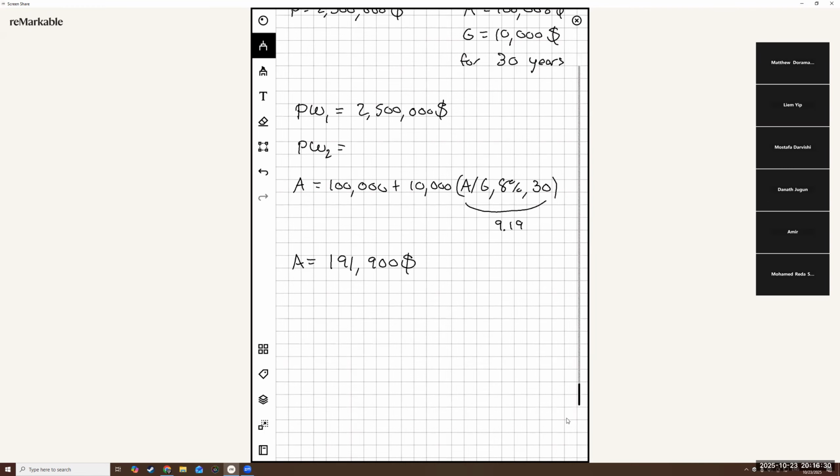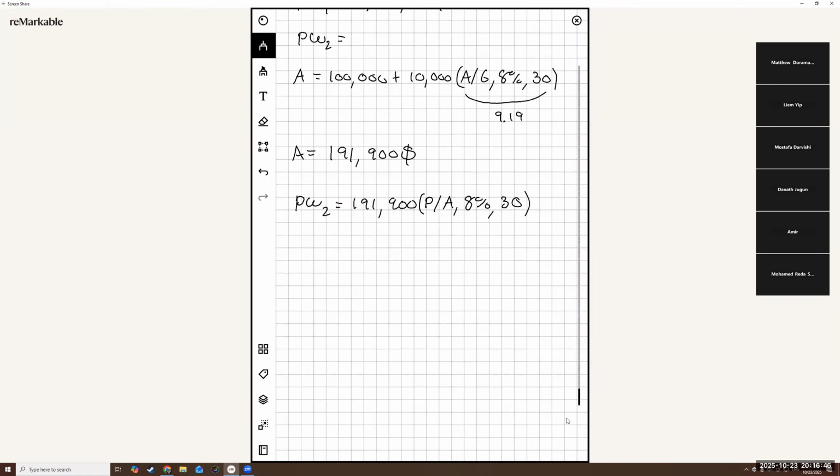Okay, now we can calculate our present worth of the second option, which is this $191,900, converting to a P from an A. Let's use our table again.